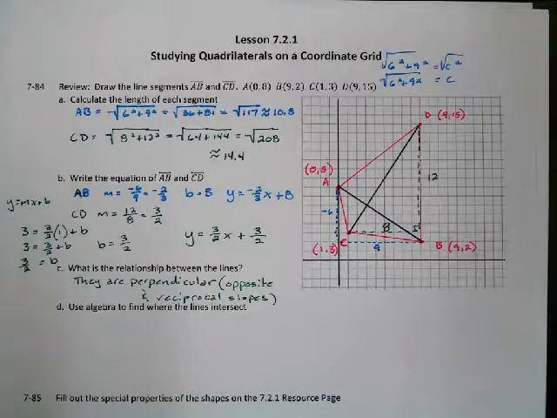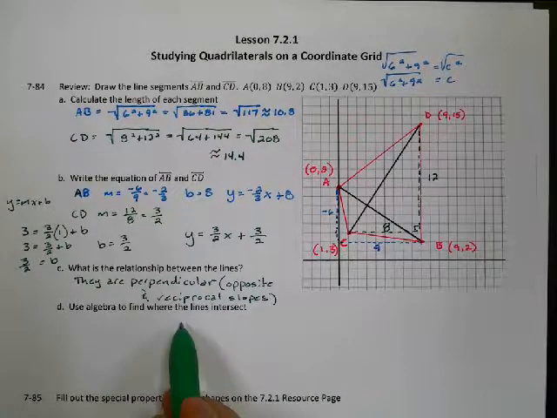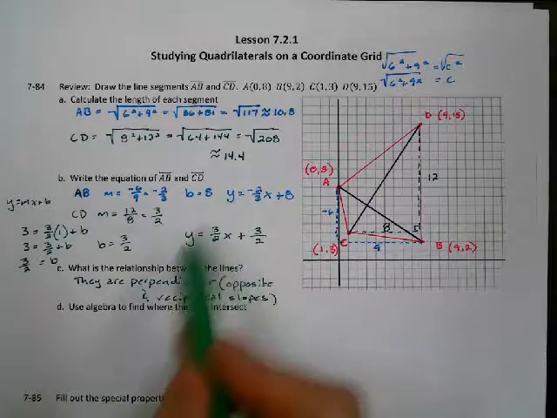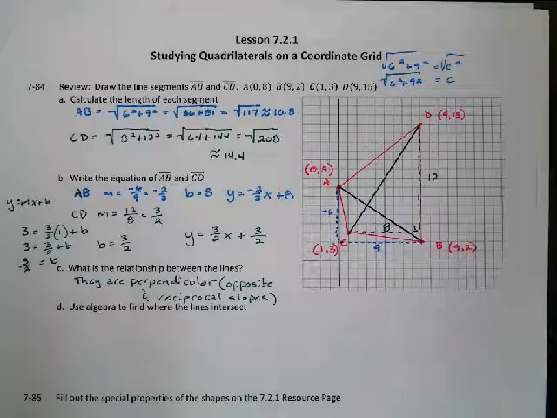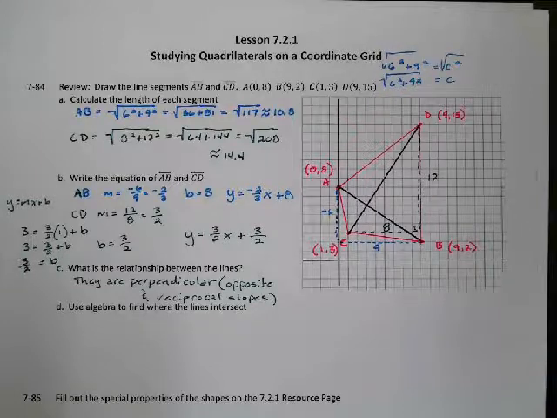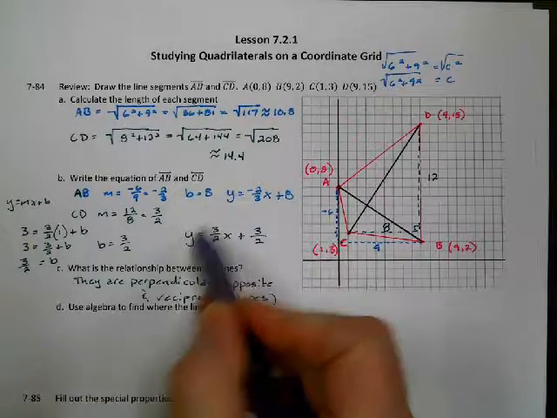All right, use algebra to find where the lines intersect. So since I have these both right here in slope-intercept form, I can use the equal values method for this. So I can just say, okay, since both of these are y, I can set these two equal to each other.